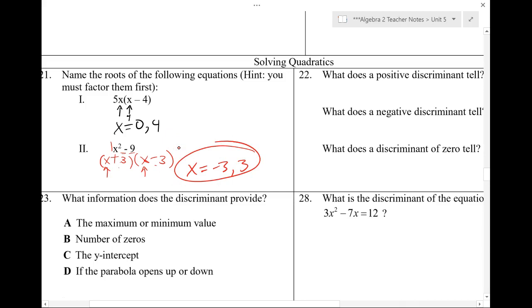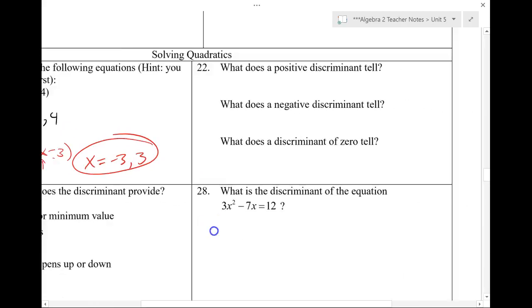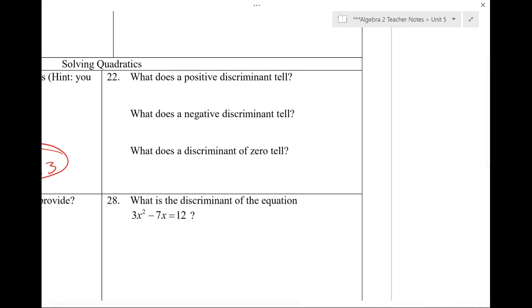Okay. Next one, 22. What does a positive discriminant tell us? Well, if you look at your notes on the discriminant section, a positive discriminant tells us that we're going to have 2 real solutions. And I'm going to write it shorthand like that. Then, what does a negative discriminant tell us?